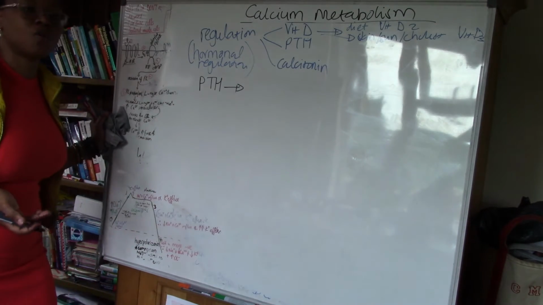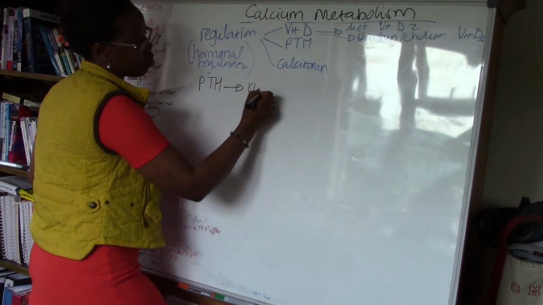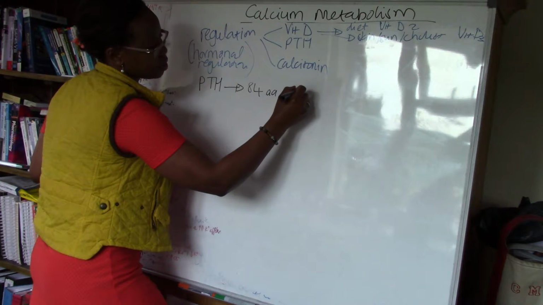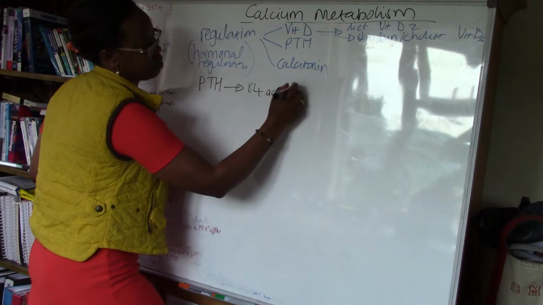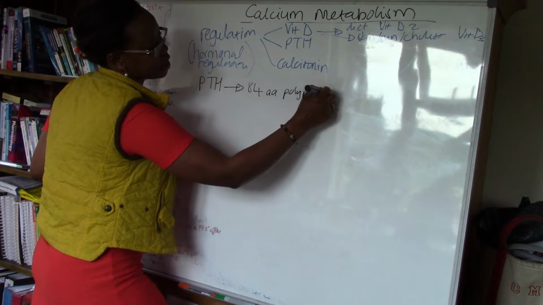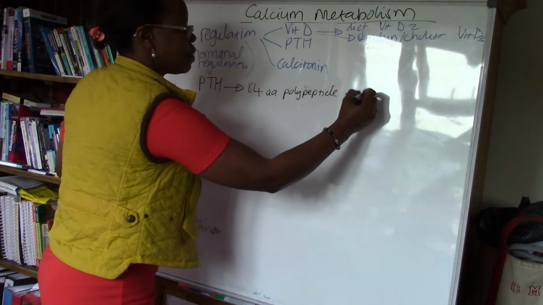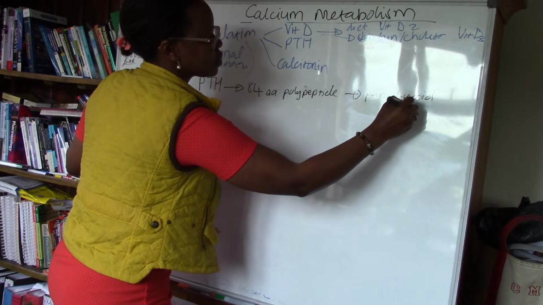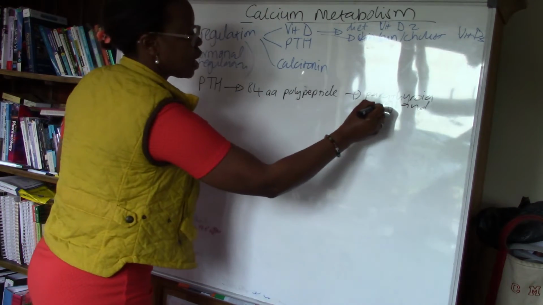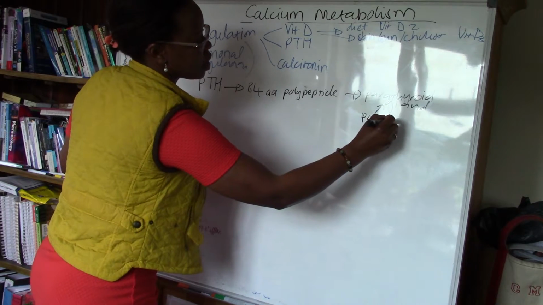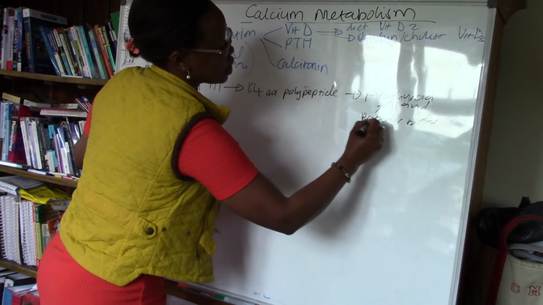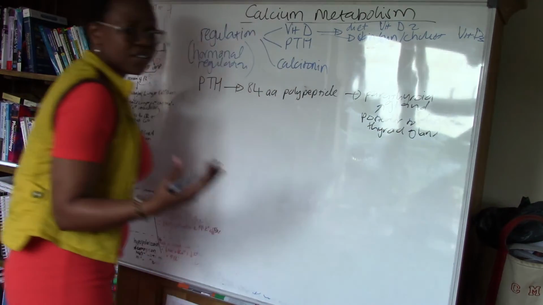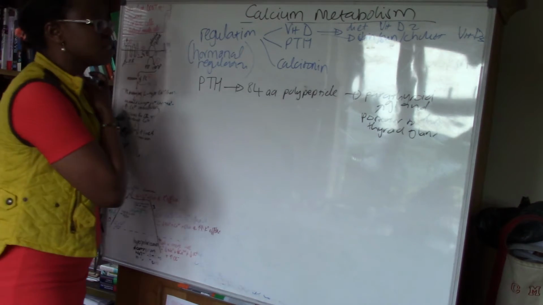Parathyroid hormone is an 84 amino acid long polypeptide that is released by the parathyroid glands, and the parathyroid glands are located posterior to the thyroid gland, which I covered in the respiratory system when I covered the larynx.